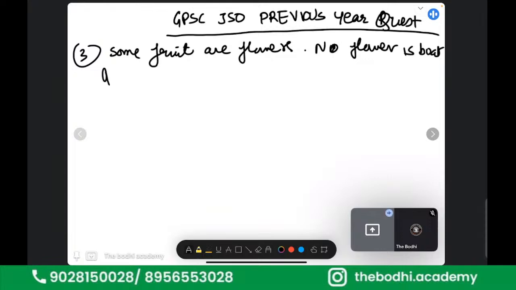All boats are rivers. These are not questions I'm making up myself. These questions come straight into your paper. I have directly picked them up from the previous year paper. Now these are the statements. We have conclusions.